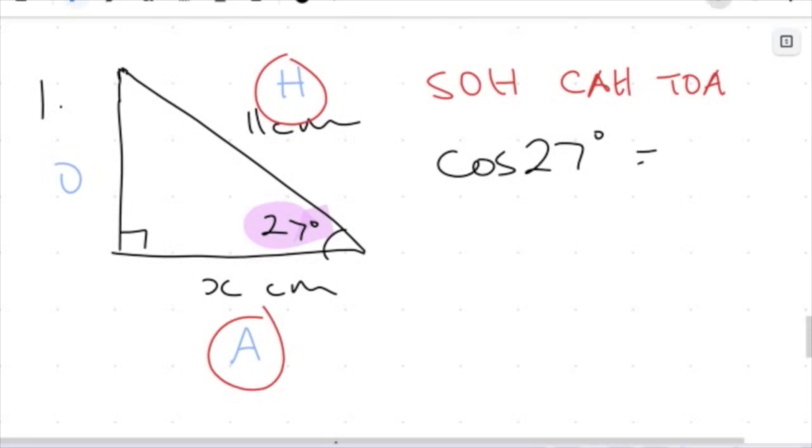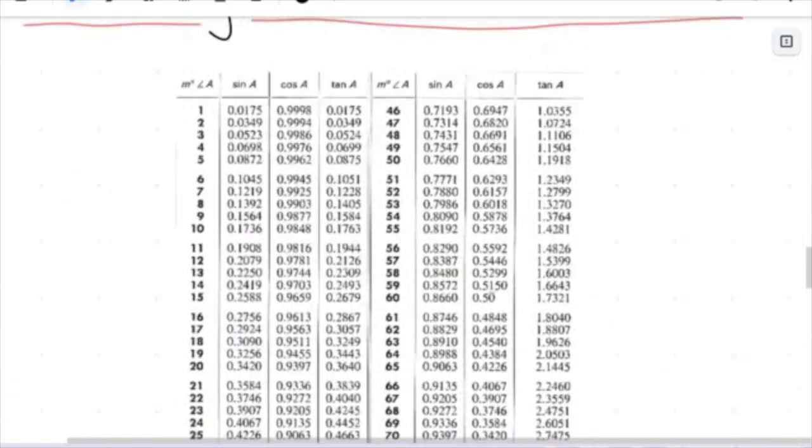And this always equals my adjacent over my hypotenuse. So if we go back to our trig table, I have cos of 27 degrees.